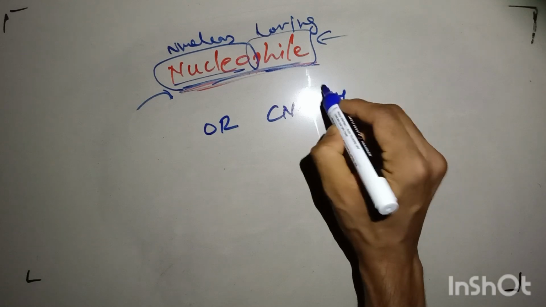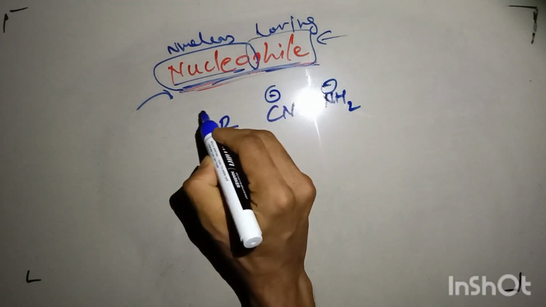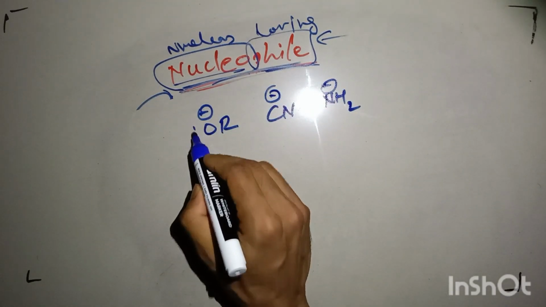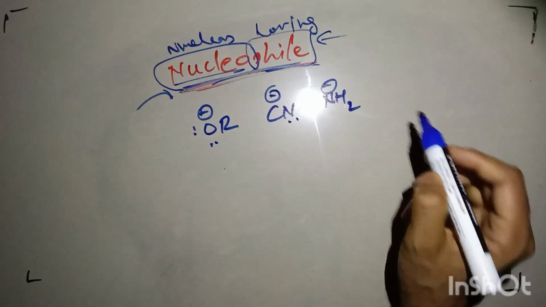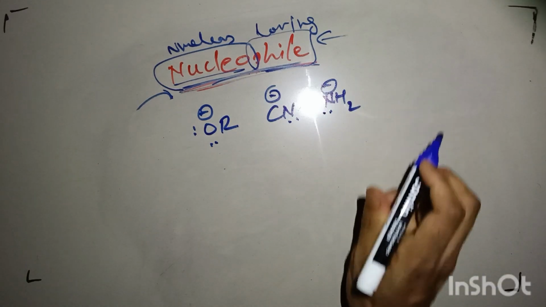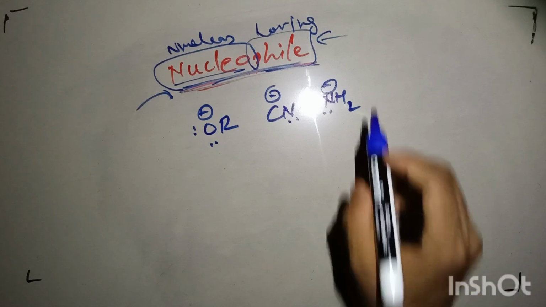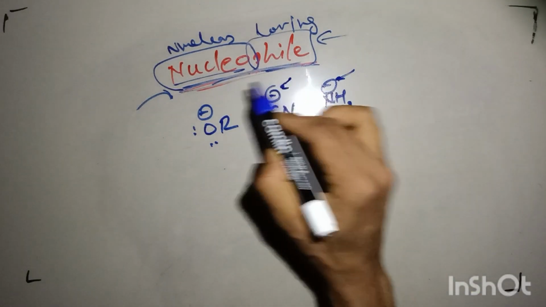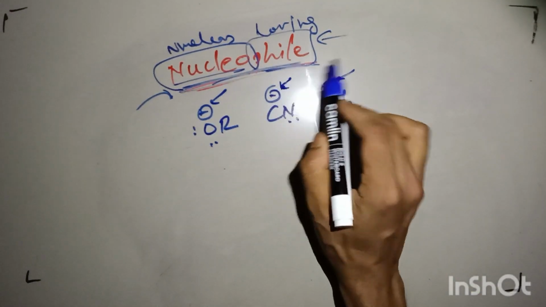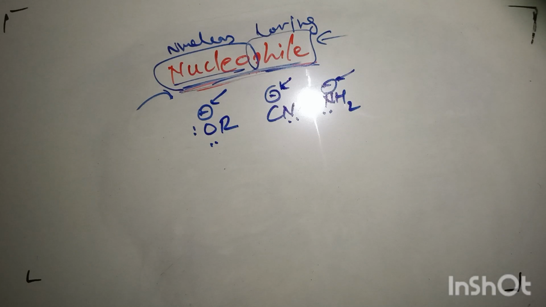They all will have negative charge. Along with that, oxygen has a lone pair, here nitrogen has a lone pair, here also nitrogen has a lone pair. Yes or no? So they will have either a lone pair or extra electrons loaded on them. That's why they are negatively charged nucleophiles. All Lewis bases also act as nucleophile.